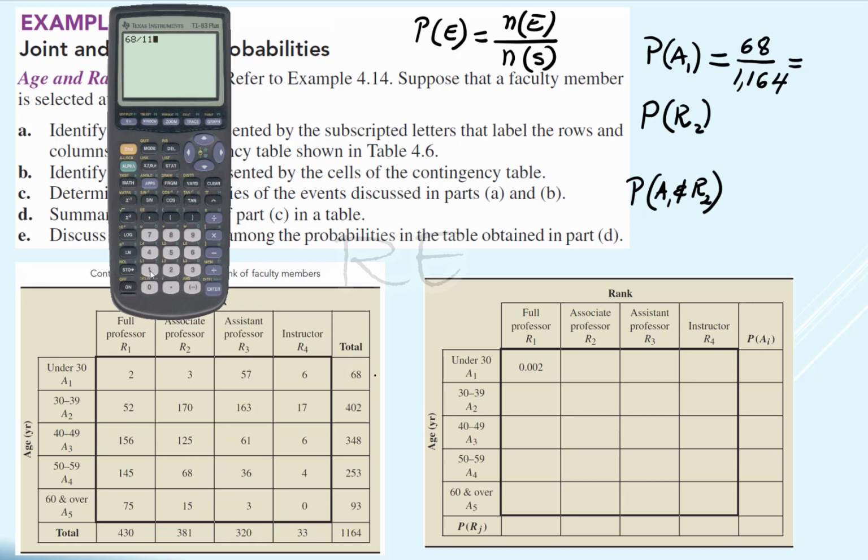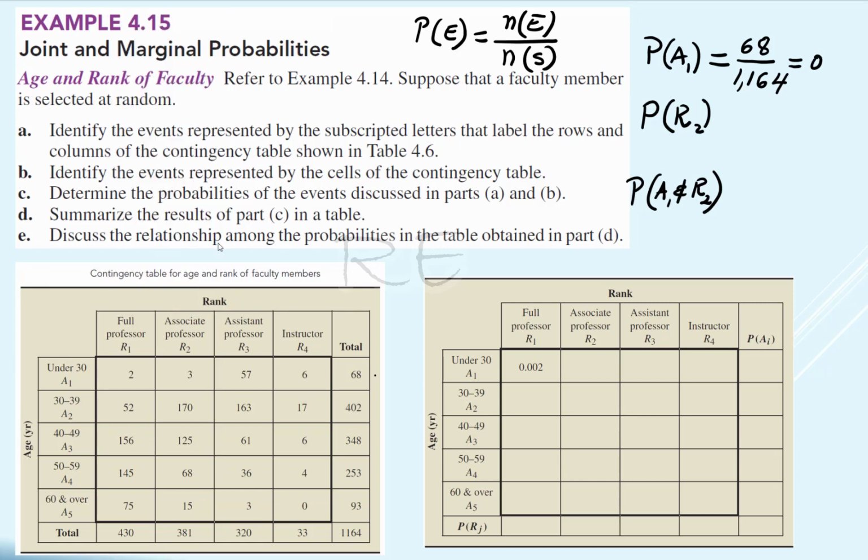This is the probability of row A1: 0.058, which is 5.8%.